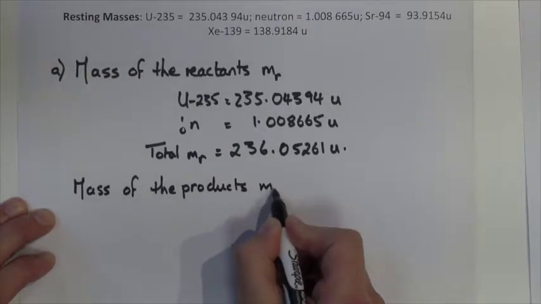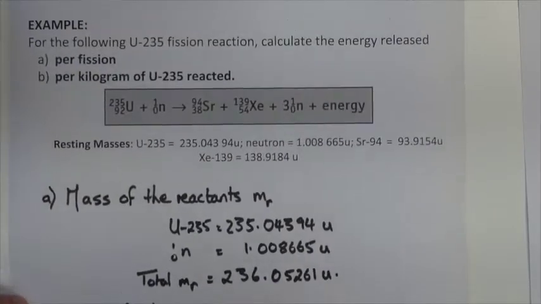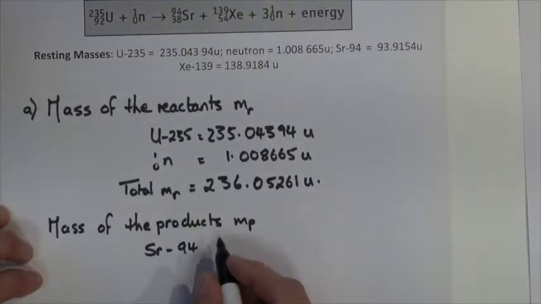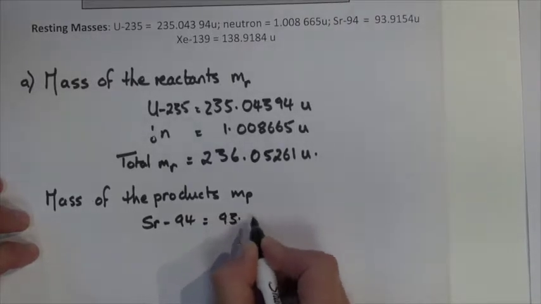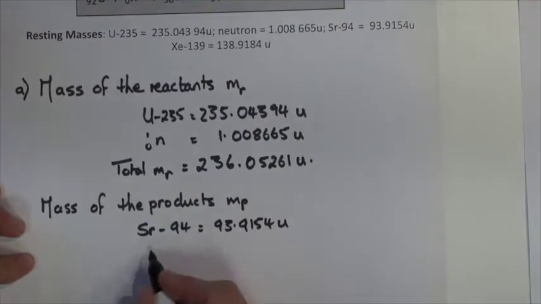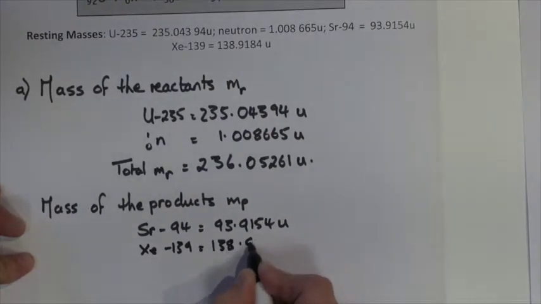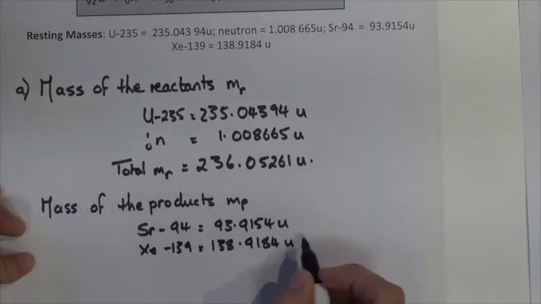And I'm going to call that mass of the products MP. So we've got our strontium-94, and that comes out at 93.9154 atomic mass units. Our xenon-139, which is 138.9184 atomic mass units.